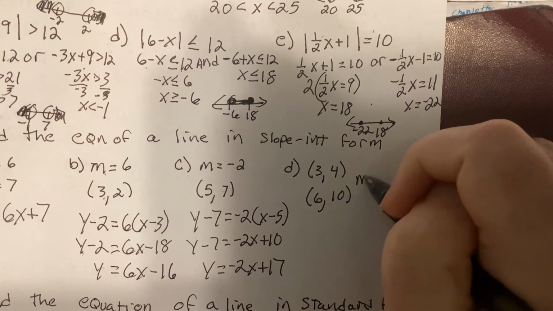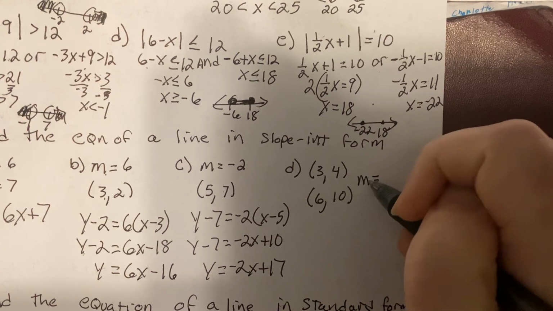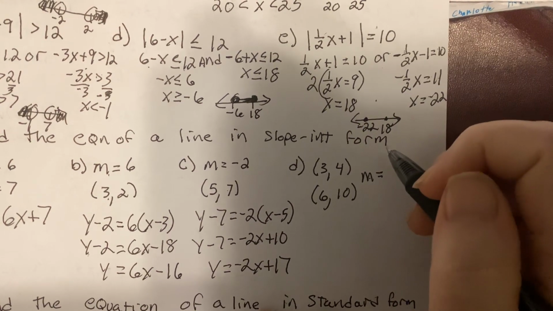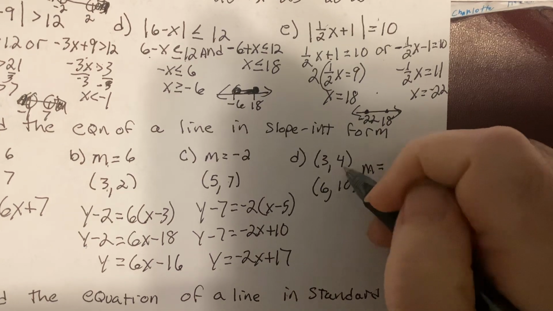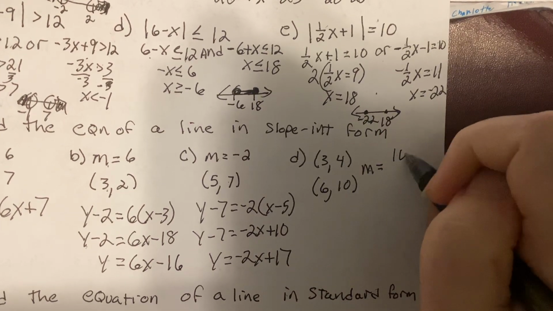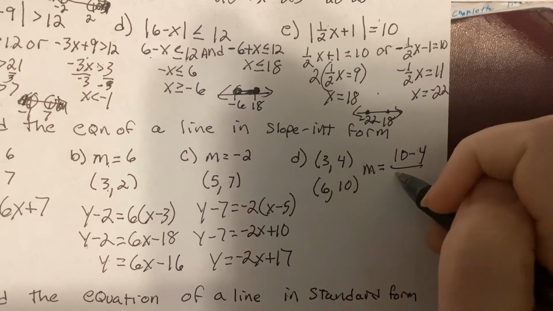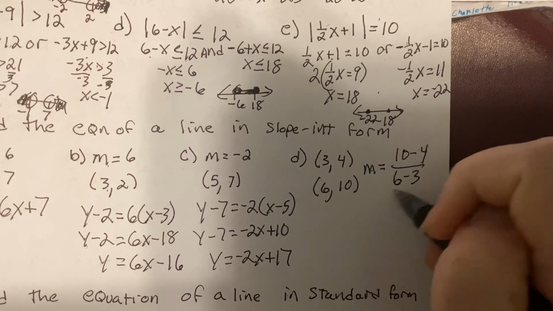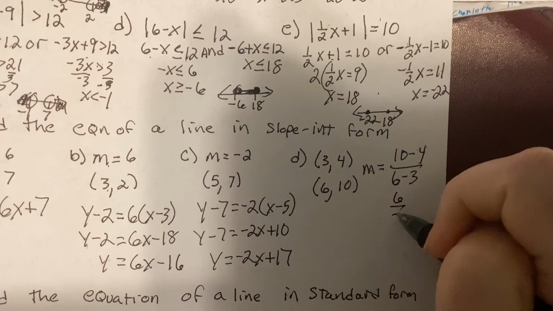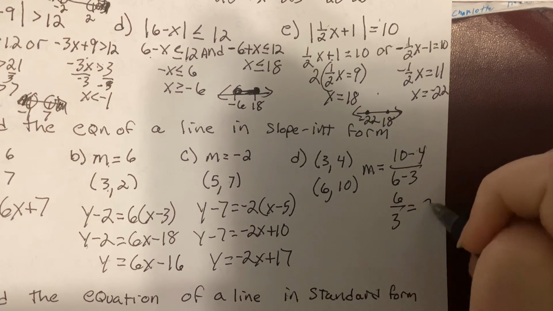Here, find the slope is what I'm trying to say. So it'd be 10 minus 4 over 6 minus 3. So it'd be 6 over 3 is 2.